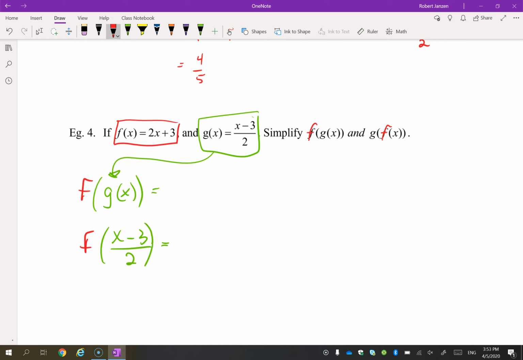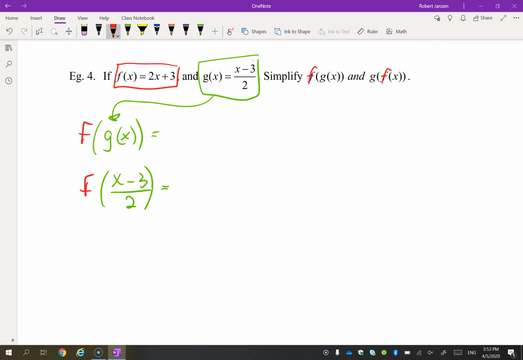And now I'm going to put that into the f function. So I get 2, and instead of x, I'm going to put this in for x. I get x minus 3 over 2 plus 3. Okay, so just so you're clear, this is 2x plus 3. Here's my x value.